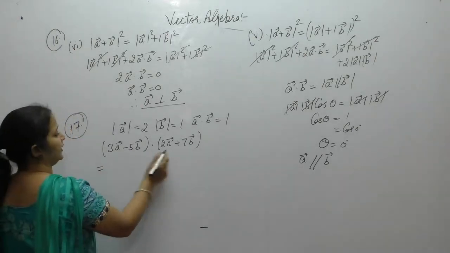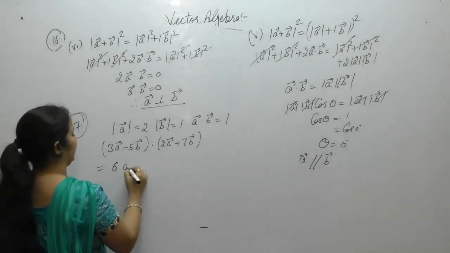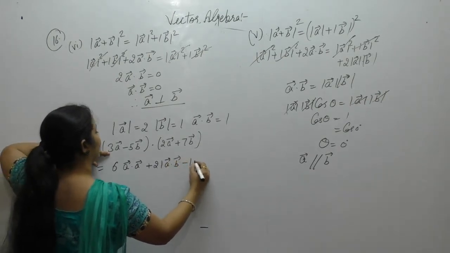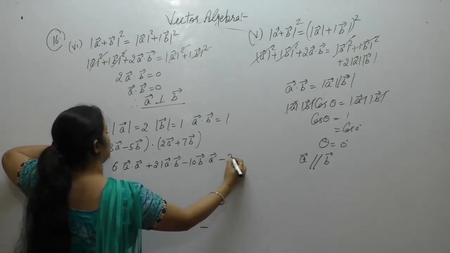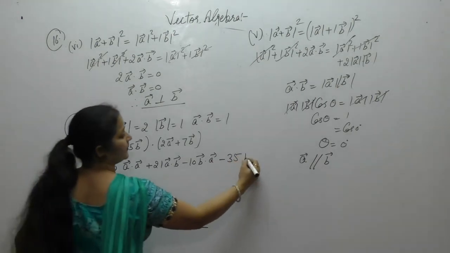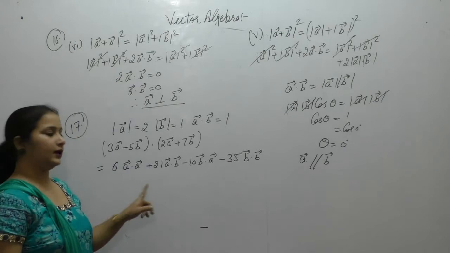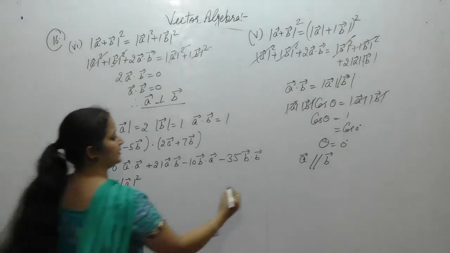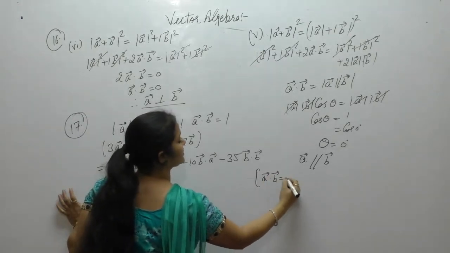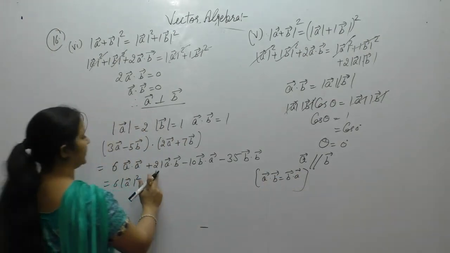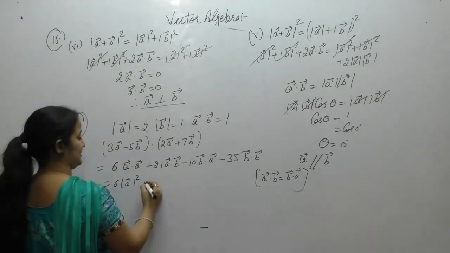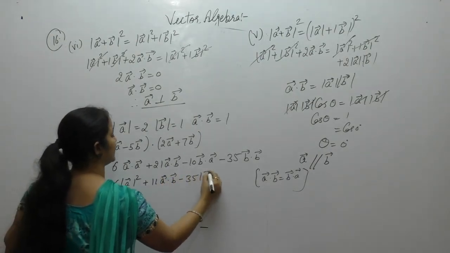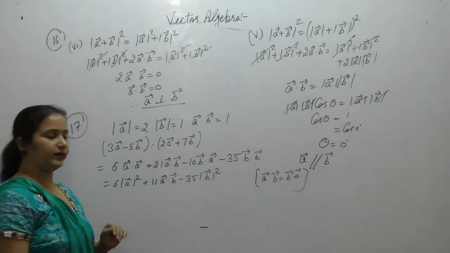Let us solve. 3 into 2, 6, A vector dot A vector, 7 into 3, 21 A dot B, minus 10 B dot A, minus 7 into 5, 35 B dot B. A dot A is modulus of A square. In the dot product, A dot B is equal to B dot A. Therefore, it becomes 12, 21 minus 10, 11, A vector dot B vector, minus 35 modulus of B vector square.